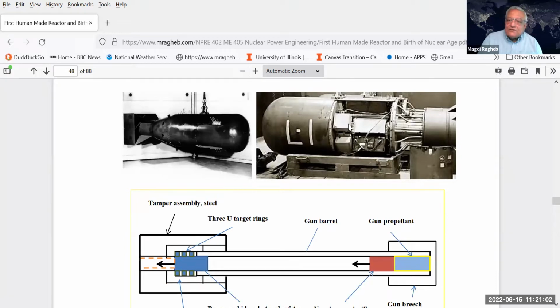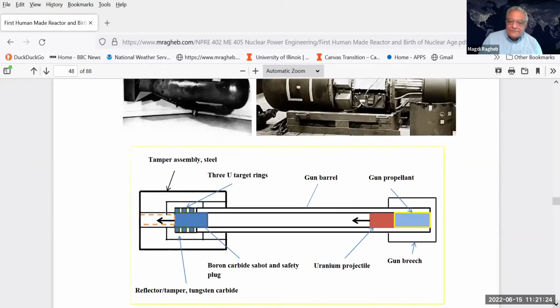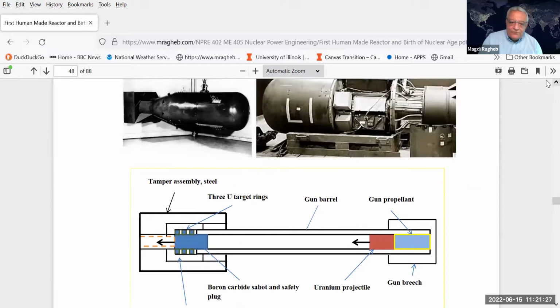This is a picture of the actual device that was used on Hiroshima. There was no need for testing it in the United States before developing the device. This is a replica of the device, and they called it Little Boy. So the actual design, because you have to arm a weapon before using it for safety, they had really 3 rings of uranium-235.